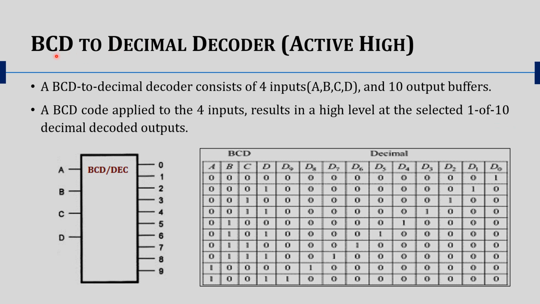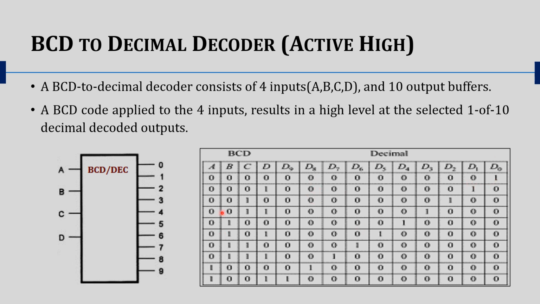This BCD to decimal decoder can be called a 1 of 10 decoder or a 4 to 10 line decoder. Fine. So a BCD code is applied to the four inputs, which results in a high level at the selected one of the 10 decimal decoded outputs.